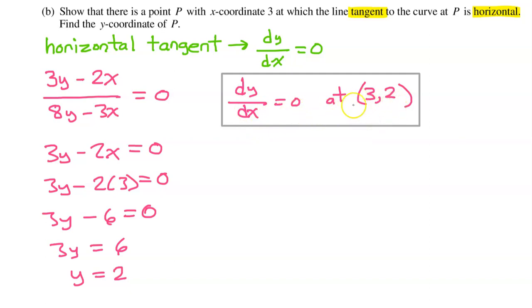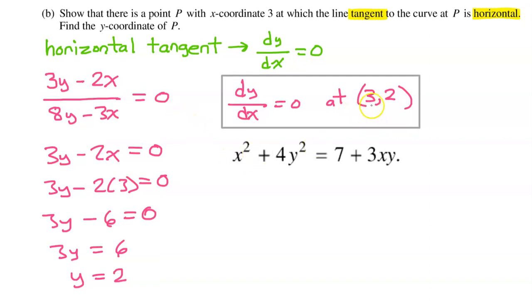But we're not done because we can't be sure that the point (3, 2) is actually on the original curve. So let's prove that. We can show that (3, 2) is on the curve by substituting 3 for x and 2 for y and verifying that we get a true statement.